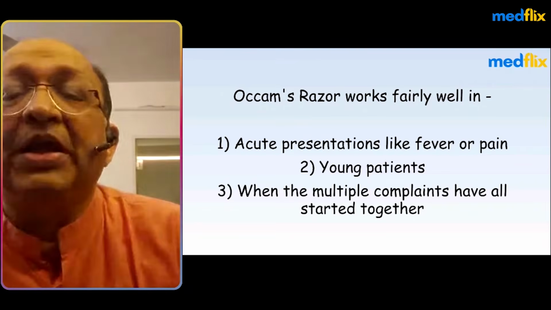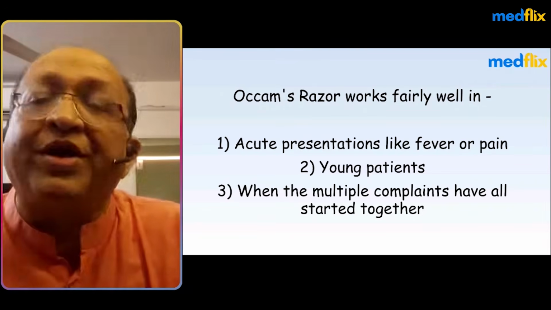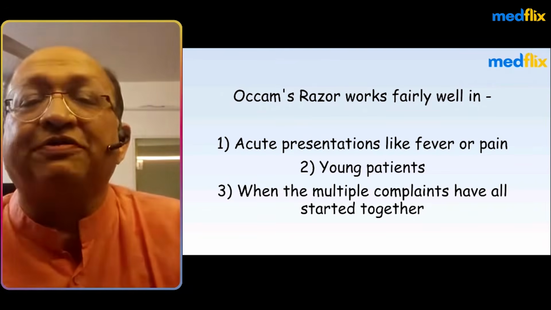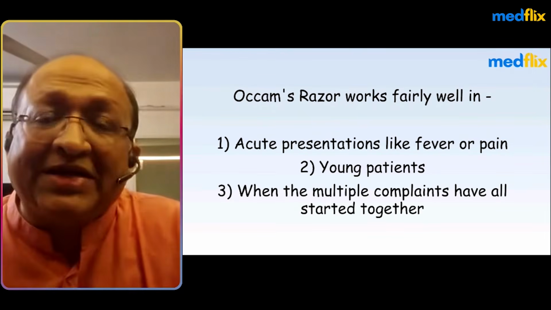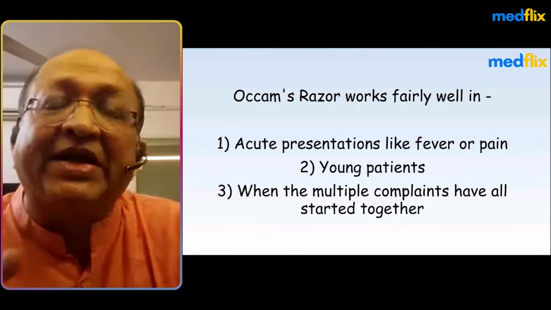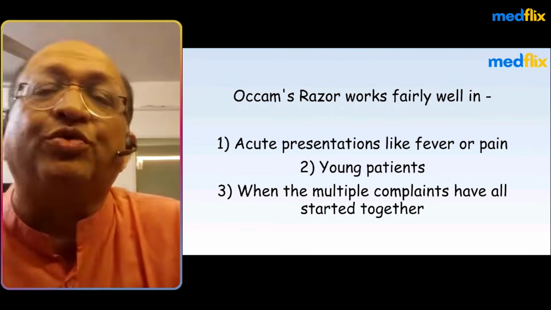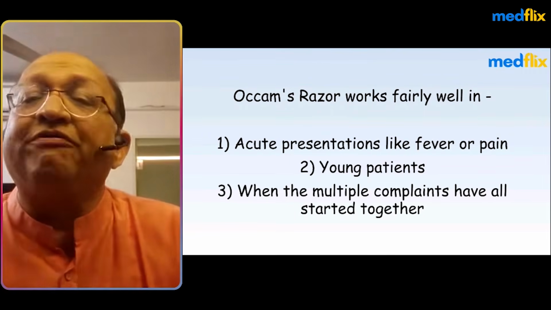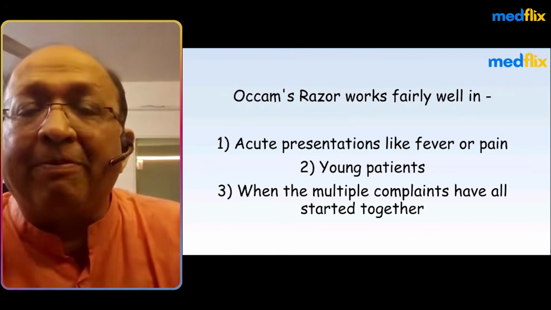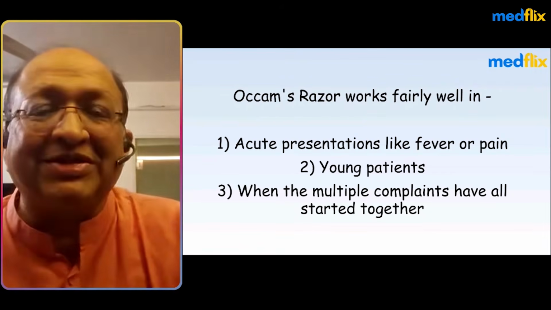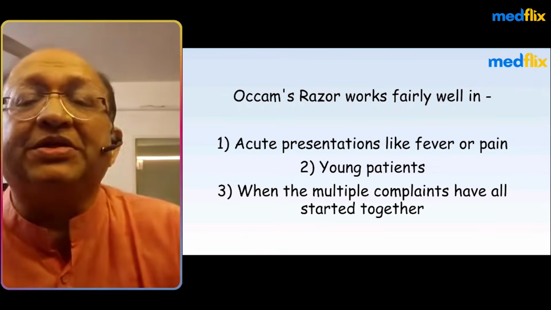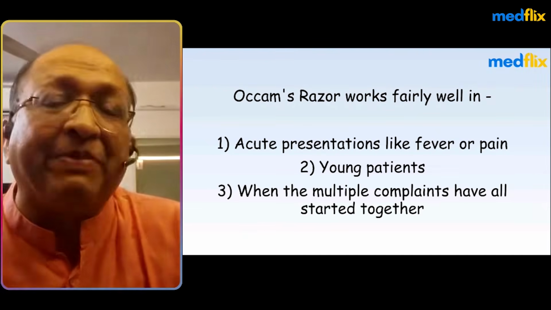For example, if a patient has gastroenteritis and after 15 days develops arthritis, then both can be connected by calling this whole thing reactive arthritis due to a prior infection. We have used Occam's razor to combine both the symptoms. In a young patient, this is usually more applicable.